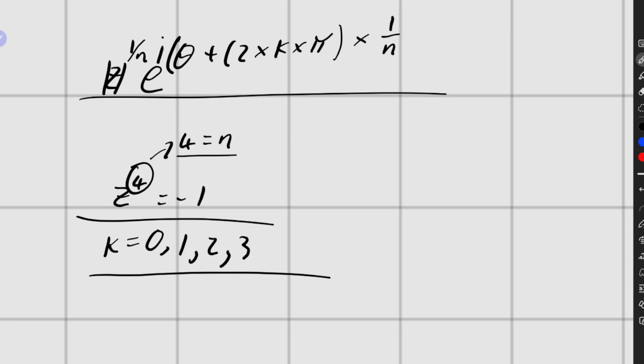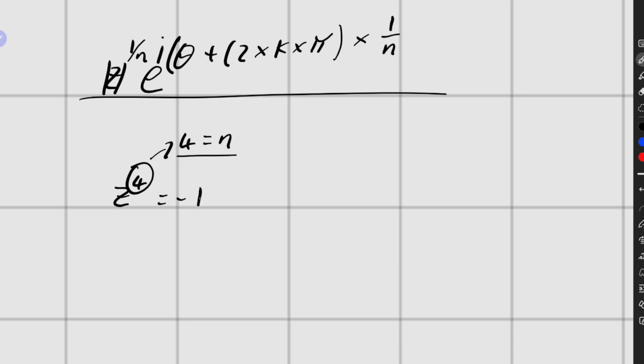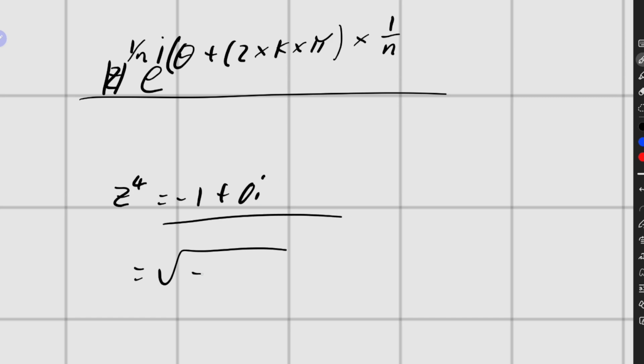Alright, so now that is established, z to the 4 equals -1. So first up, find your modulus. Your modulus is same as what we were doing before. There's no imaginary number, just imagine there's a 0i: the square root of -1 squared plus 0 squared.